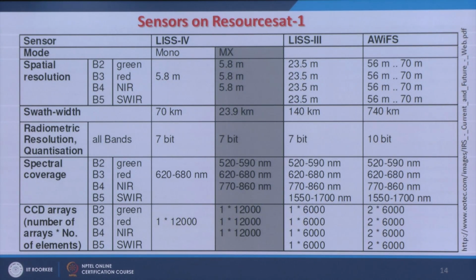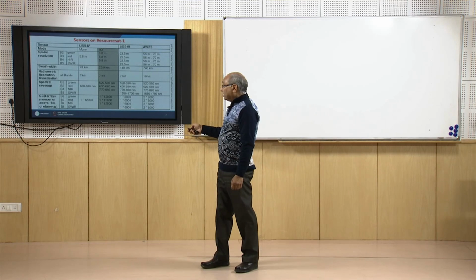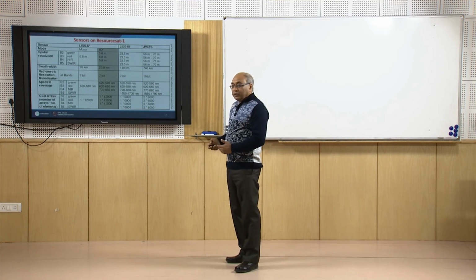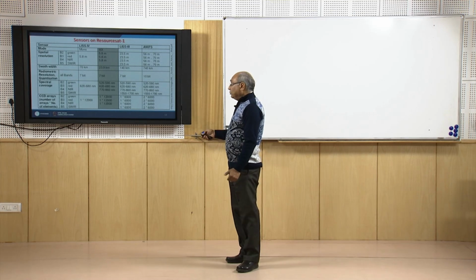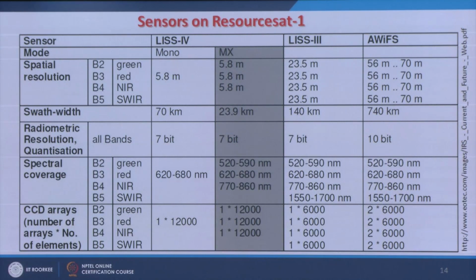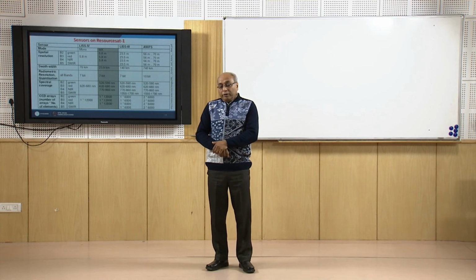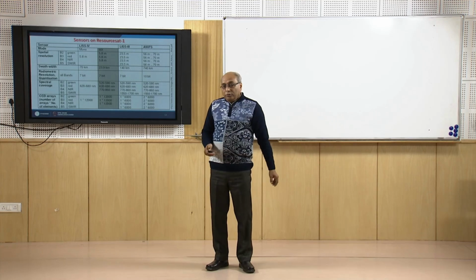Another important thing is radiometric resolution, or the term we use, quantization. So one is spatial resolution, another one is radiometric resolution. Radiometric resolution means the number of bits for each pixel with which the data is being acquired. If it is, say, 7 bits, that means any value between 0 to 127 can be assigned to a pixel.